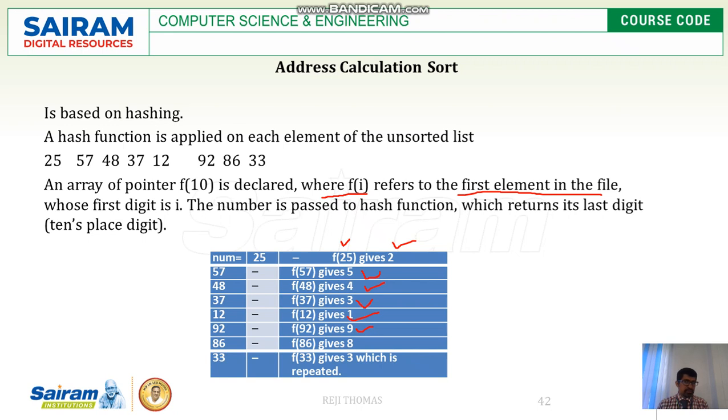The only difference is that for alphabets, you need 26 buckets, and for numbers, you need 10 buckets. So this is all about sorting. Please remember three important sorting techniques: insertion sort, radix sort, and address calculation sort.